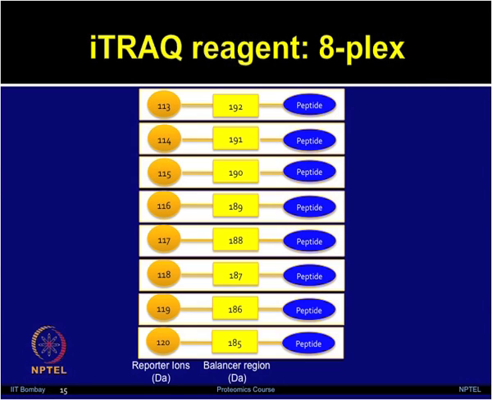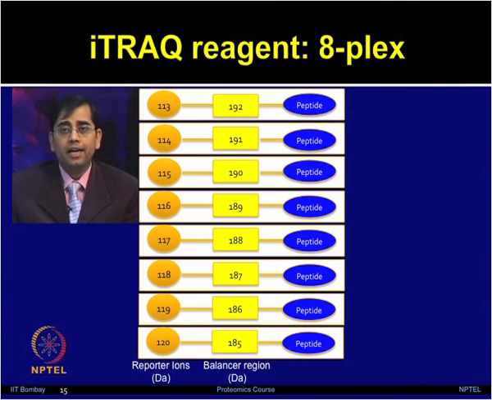Now, let us look at the structure of the 8-plex iTRAQ reagent. In 8-plexing, the reporter ions' variable mass is from 113 to 120 Dalton, and the balancer region is from 185 to 192 Dalton, so that the total mass of the isobaric tag remains 305.